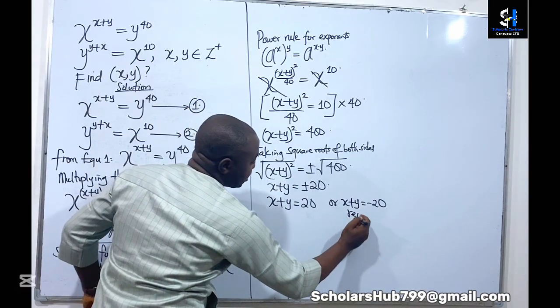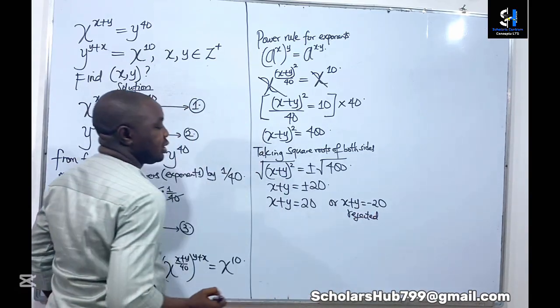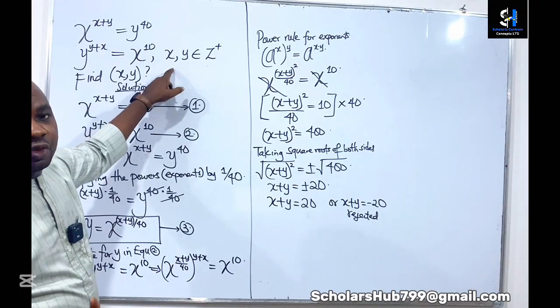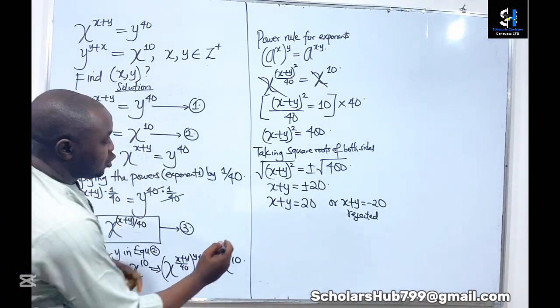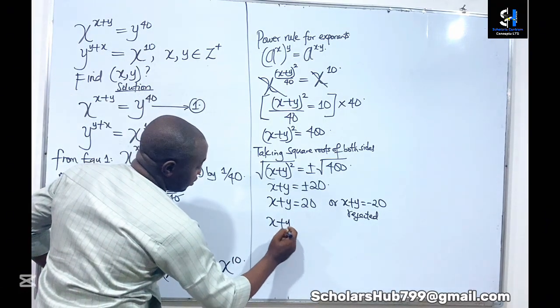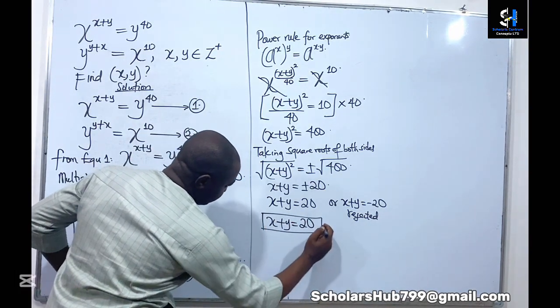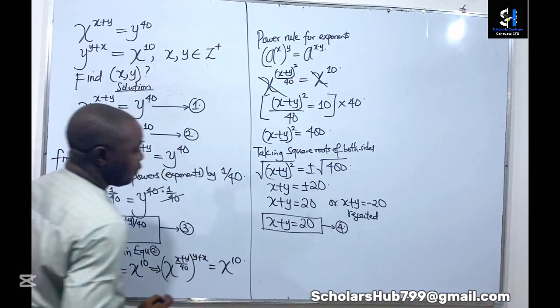So we're going to reject this. This will be rejected. Why? Because I said the values of y and x must be positive. All right, so this will be our equation 4. So x plus y equals 20. This will be equation 4.